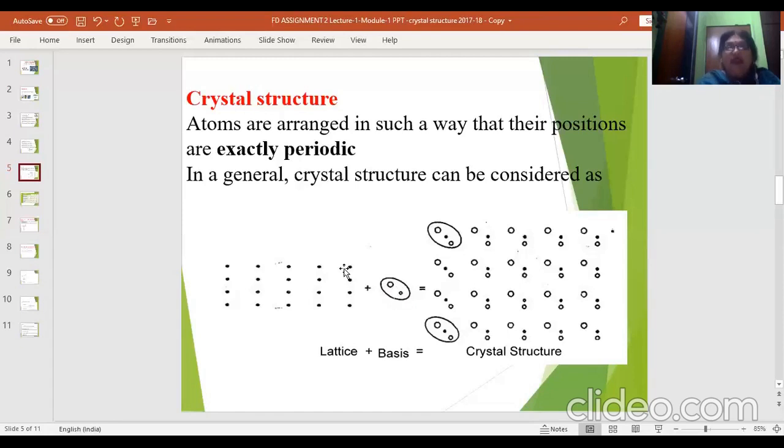Monoatomic, diatomic, polyatomic, triatomic, whatever, plus in what space it is, the total will be called the crystal structure. So crystal structure is given as the space lattice plus atomic basis. So atoms are arranged in such a way that their positions are exactly periodic. In general, it can be considered as a combination of space lattice and atomic basis, which form the total crystal structure.